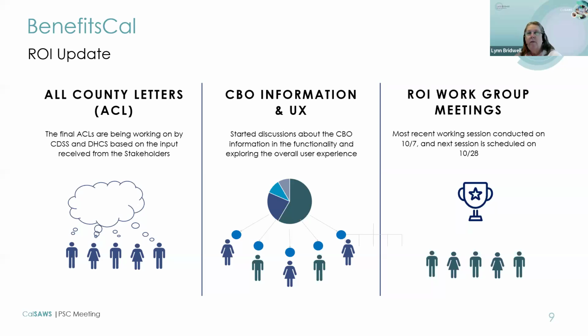We did meet earlier this month, and we started a discussion about capturing CBO information. The CBO information we're looking at is names, addresses, and ensuring the staff, and how we can capture that information within Benefits Cal and CalSAWS, so that when we're able to implement the functionality, somebody could search and find the person that they're looking for to designate that release of information.